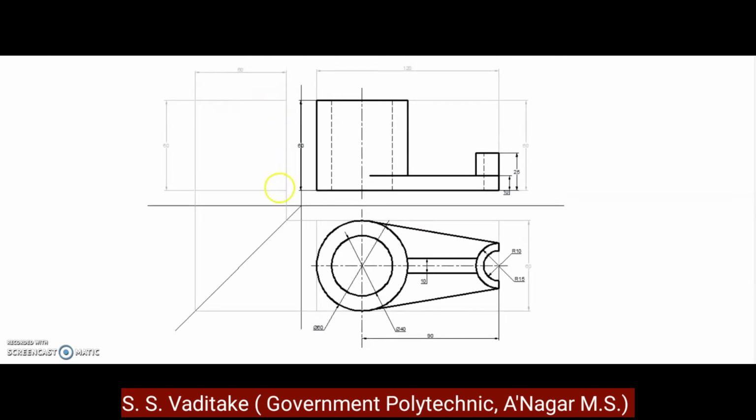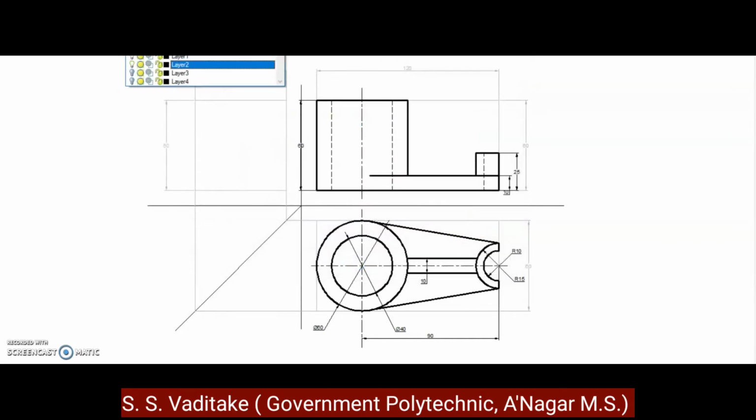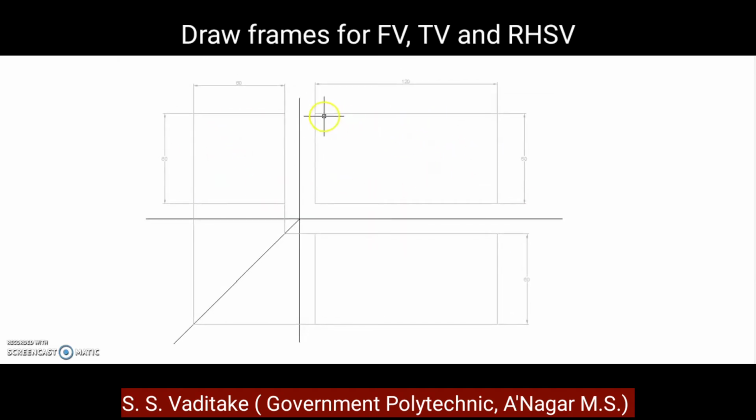So for preparing the frame, prepare such three frames of length 120 millimeter, having height 60 millimeter. This is a frame for front view. Exactly below this frame, prepare the frame for top view, of which this length is 120 and width is 60.